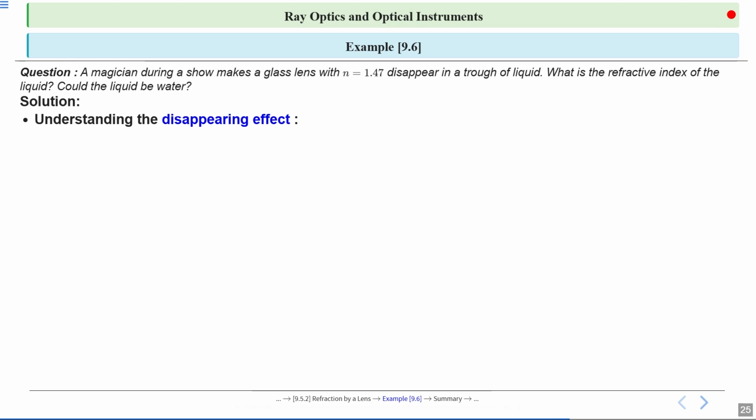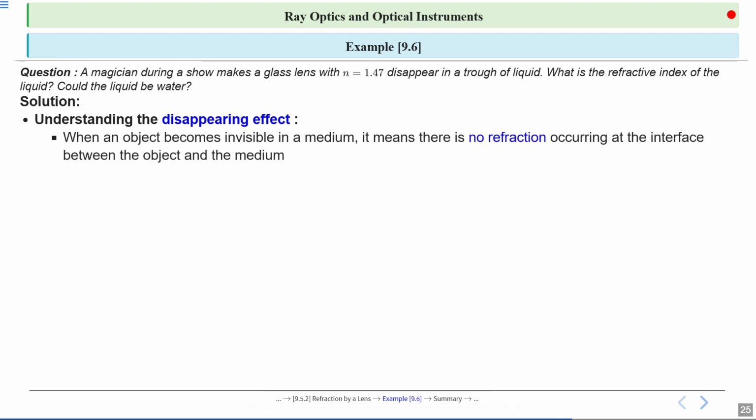So understanding the disappearing effect, why the glass lens is disappearing in the liquid. When an object becomes invisible in a medium, it means there is no refraction occurring at the interface between the object and the medium. So light is not bending, no refraction is occurring. So we cannot detect the interface or surface that is separating the medium of glass lens and the liquid.